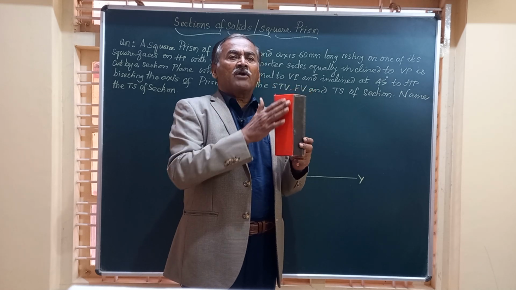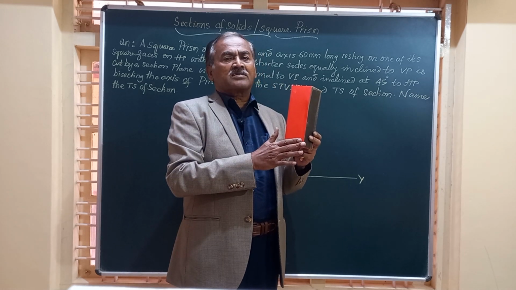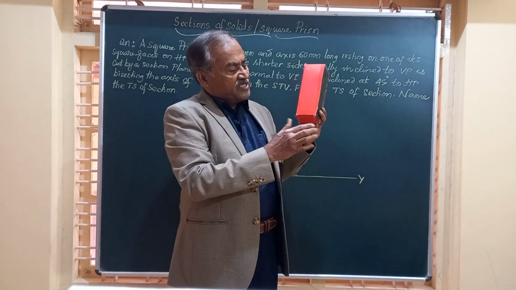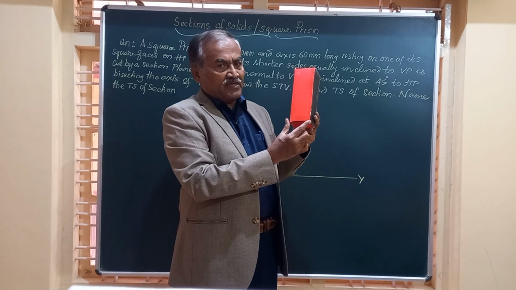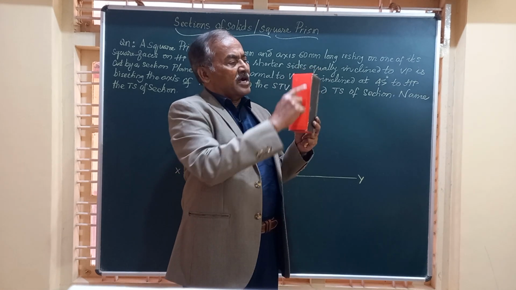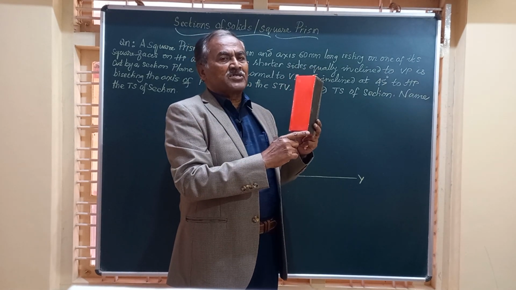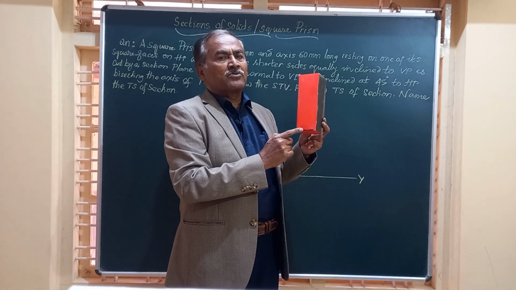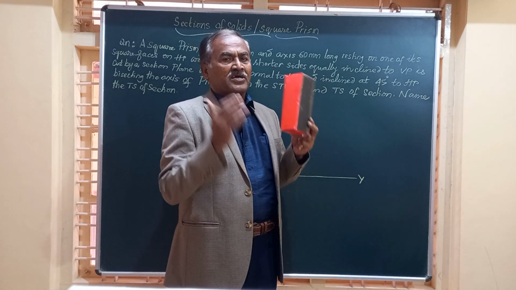A pentagonal prism will have five such rectangles. And remember, friends, the dimensions of these will be the side of the base and the height. This height is equal to the height of the solid or length of the axis, and the side of the base will be equal to the side of that figure.